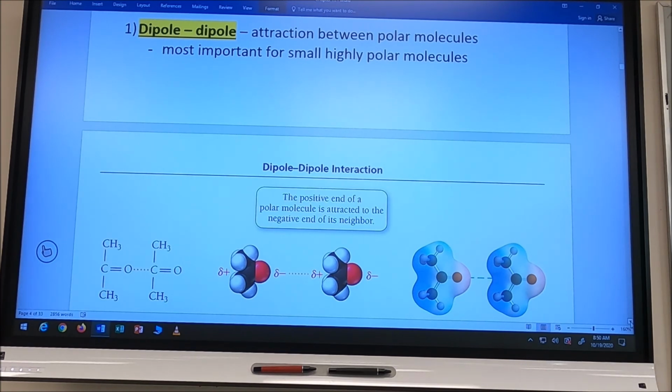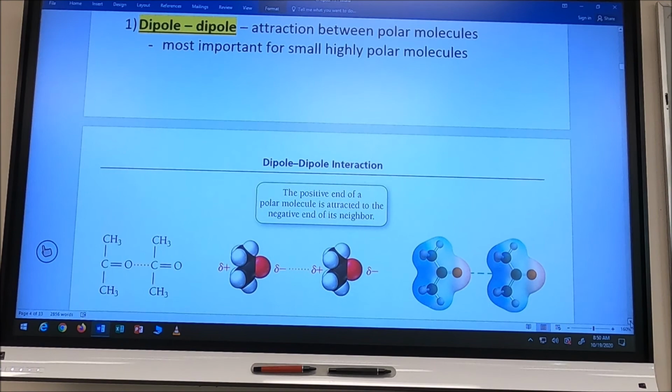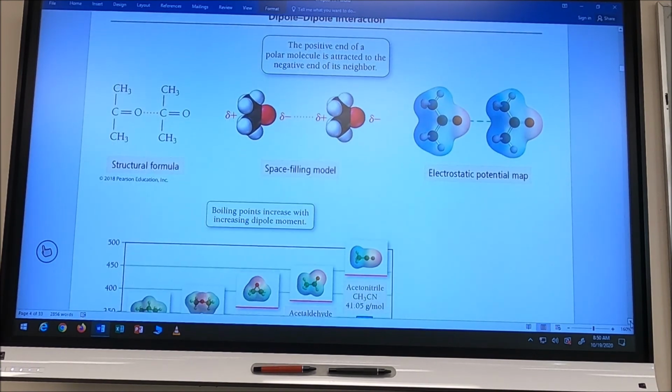A dipole-dipole is an attraction between polar molecules. It's most important for small, highly polar molecules. Okay? So a dipole-dipole is an attraction between molecules that are polar. Now, let's look here.